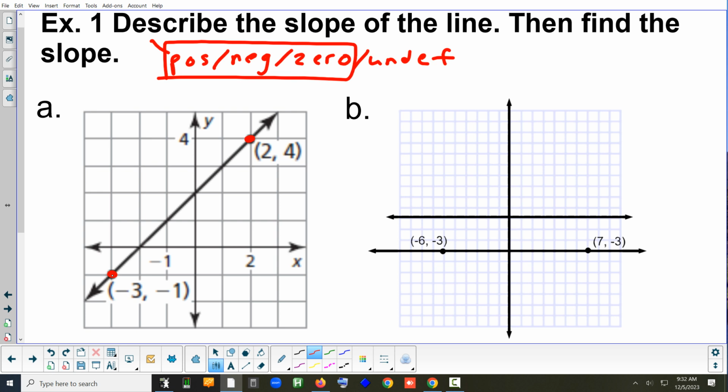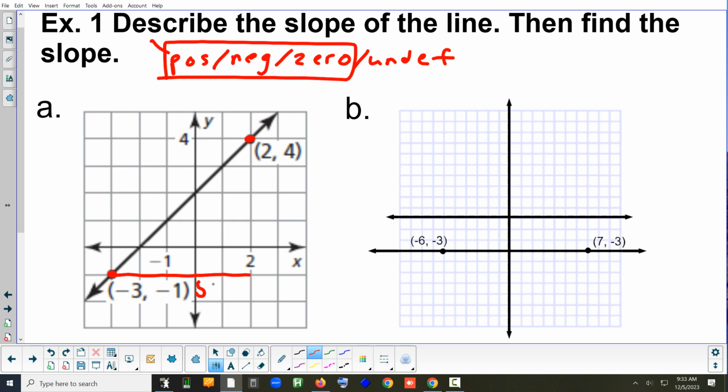We're going to go to the right. And how many to the right did you go? 1, 2, 3, 4, 5. Yeah, so we're going to go right 5.